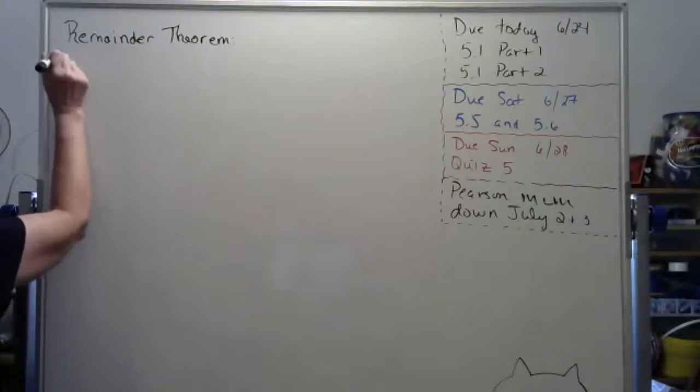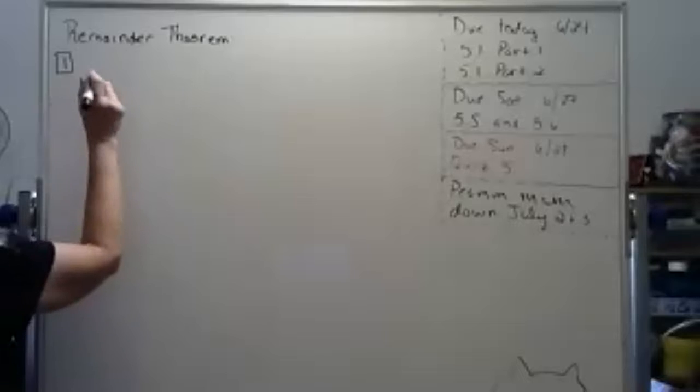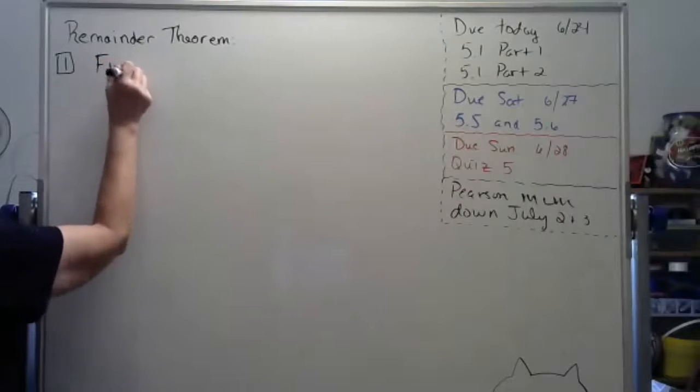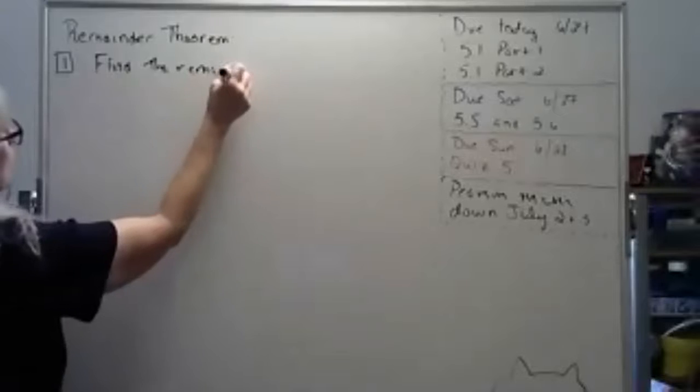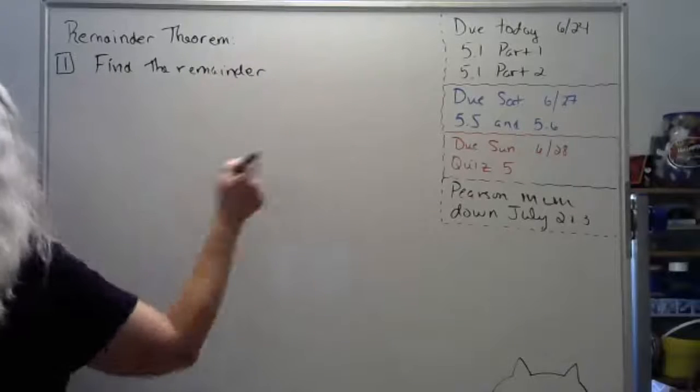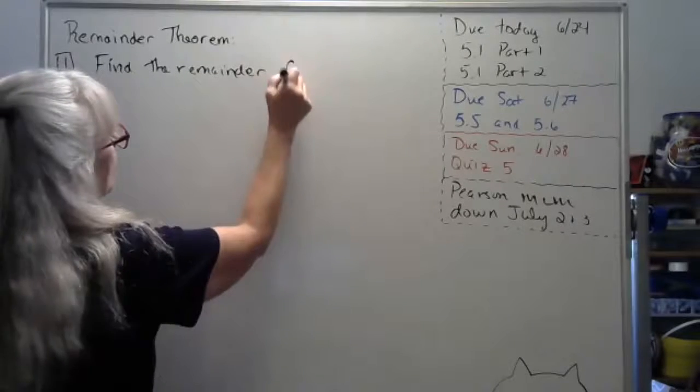So example 1 asks us to find the remainder. And you have no idea why we want a remainder. So it's kind of like we're evolving a theory here.